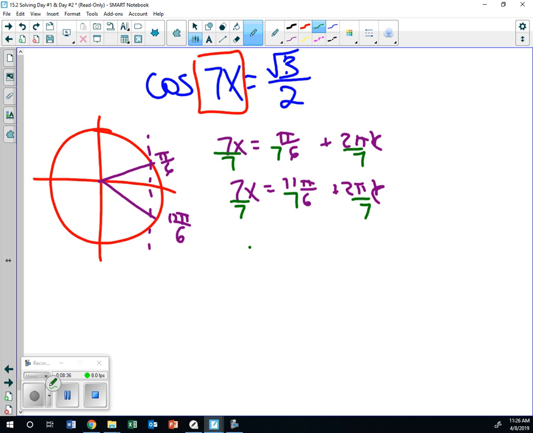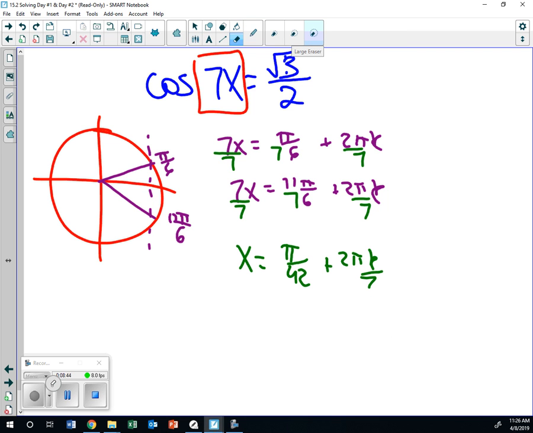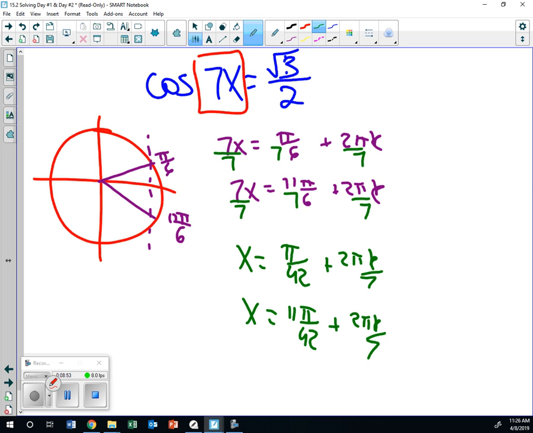But all it's going to be is x is equal to pi over 42 plus 2 pi k over 7. And then x is equal to 11 pi over 42 plus 2 pi k over 7. I'm most interested in the pi over 6 and 11 pi over 6, but does this make a little bit of sense?